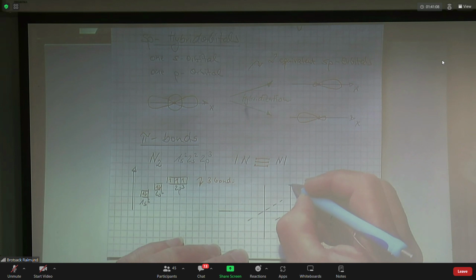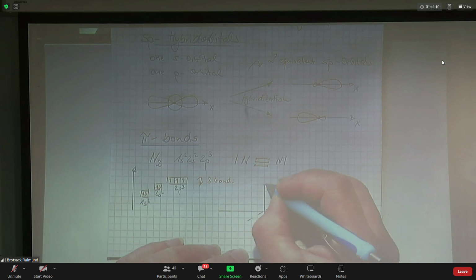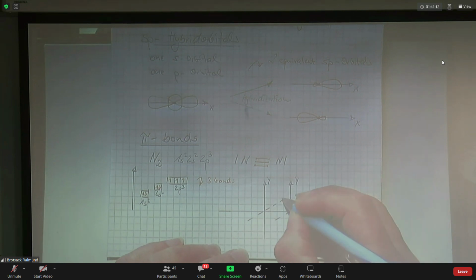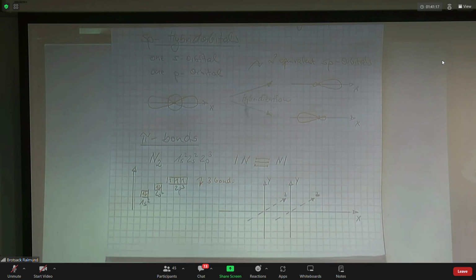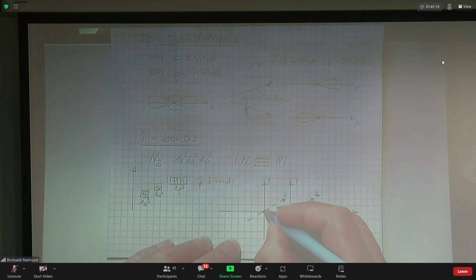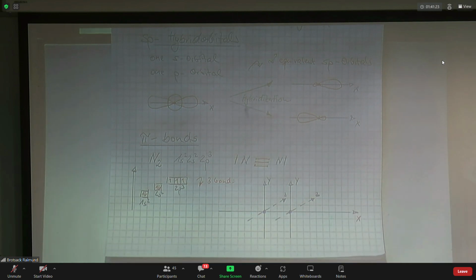So this is y, this is y, this is now z and z. And this is the nucleus of the first nitrogen, and this is the nucleus of the second nitrogen atom.